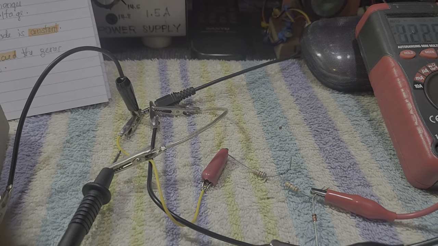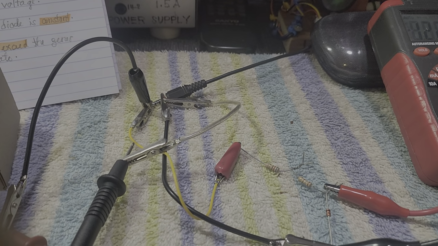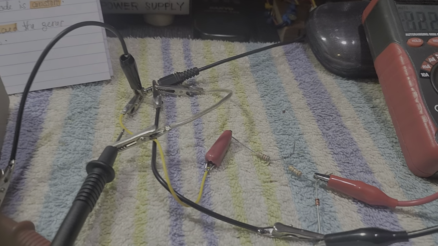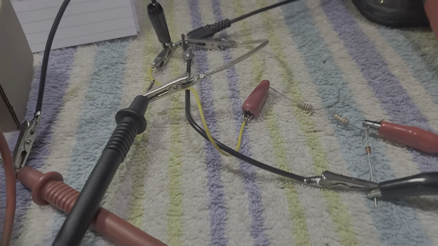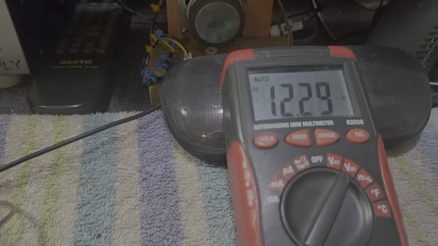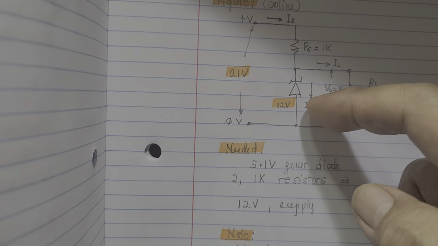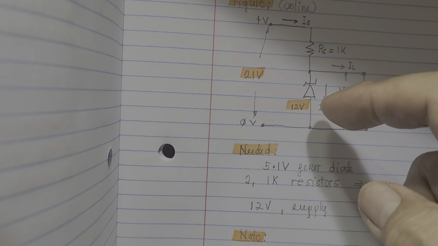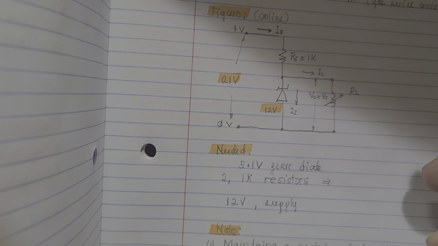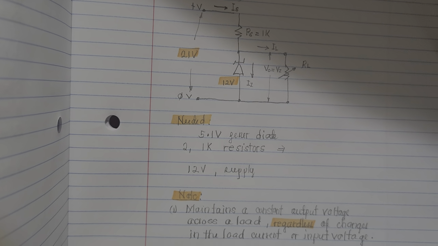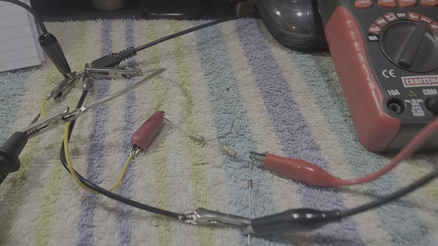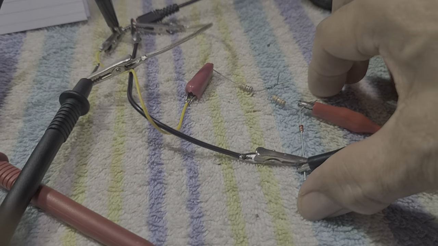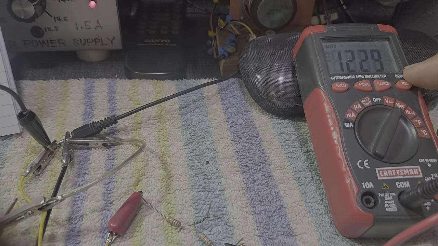It is this multimeter here. And the measured voltage across the Zener diode is 12.29. Like what I said, the Zener diode I use here is 12 volt, and supposedly it will bring out 12 volts or a little bit greater than 12 volts as an output. And as proof of that, the voltage across the Zener diode is 12.29.